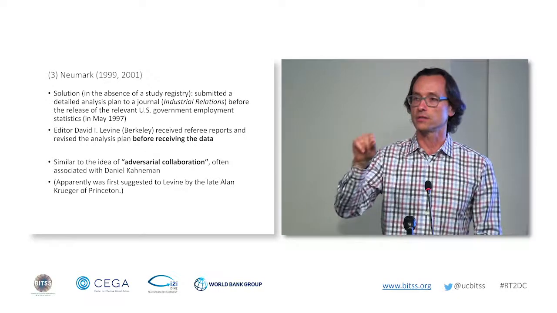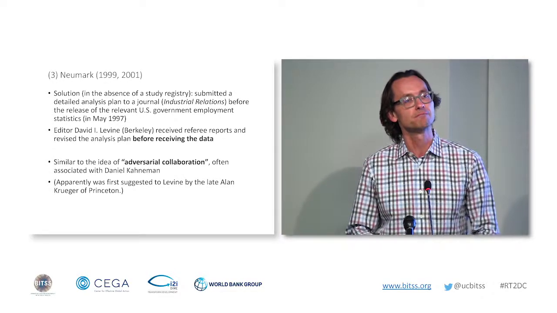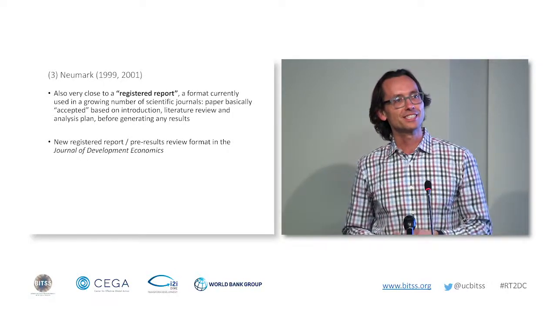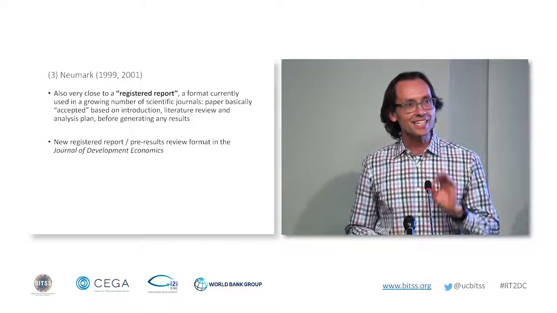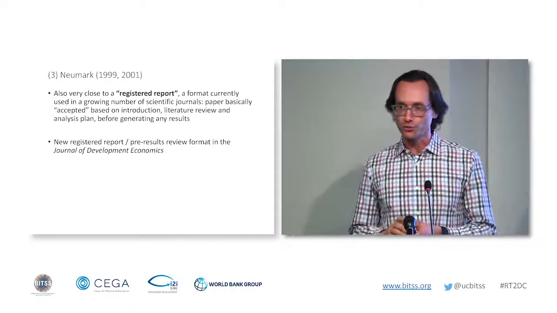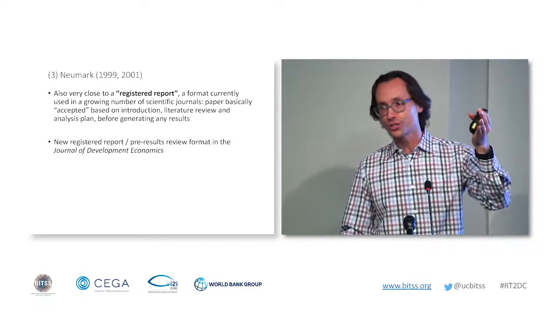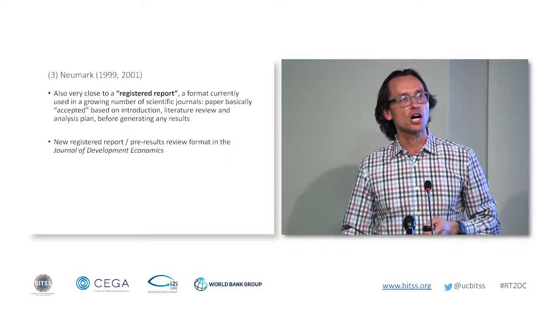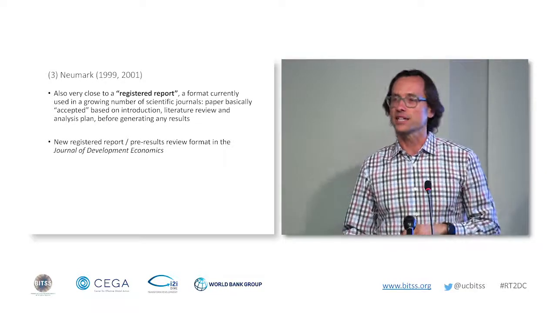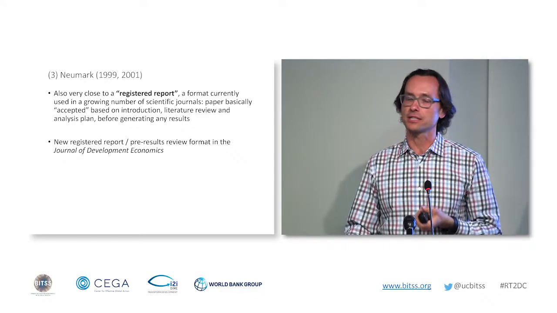Alan Krueger, recently deceased, was a real giant of economics. So this is the intellectual tradition. What they did is very close to what's called a registered report or pre-results review. And what I want to talk about is that this format or approach has really taken off in psychology, as I'll show you in a second, and is now starting to be adopted in economics.